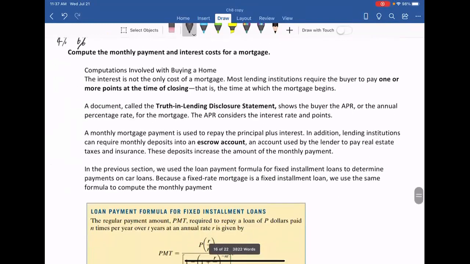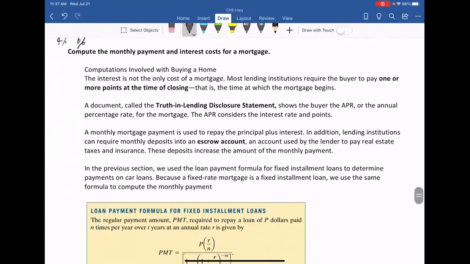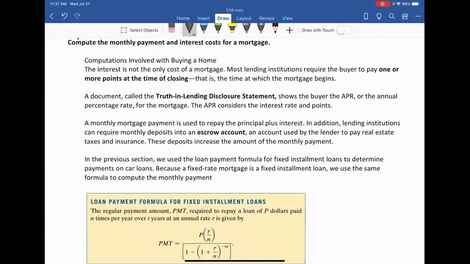Okay, let's continue to see how to compute a monthly payment and interest cost for a mortgage. The interest is not the only cost of the mortgage. Most lending institutions require the buyer to pay one or more points at the time of closing.